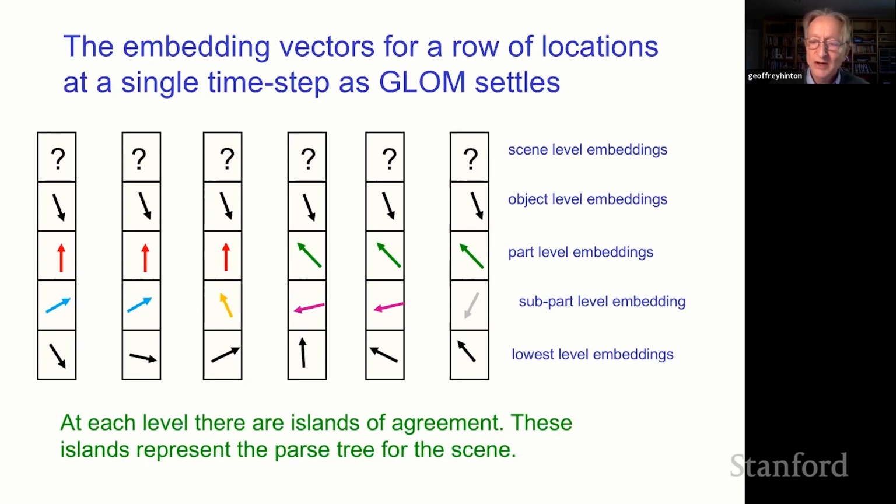And so in one location, it can predict, okay, there should be nose there, and it gives you the red vector. In another location, it can predict from where that image patch is, there should be mouth there, so it can give you the green arrow. So you can get the same vector at the level above to predict different vectors in different places at the level below by giving it the place that it's predicting for. And that's what's going on in neural fields.